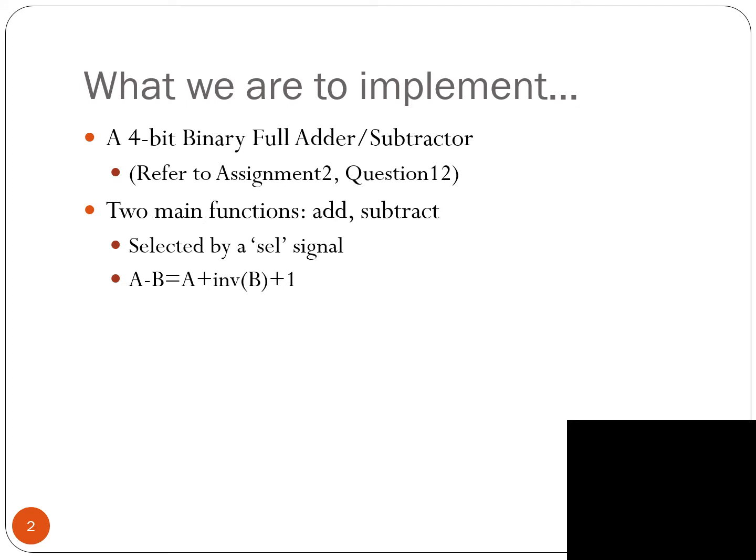In this lab, in addition to the original adder, we are supposed to implement a subtractor on the same hardware. So your design should have two main functions, add and subtract. Those two functions are selected by a select signal. You can implement it in your switches.